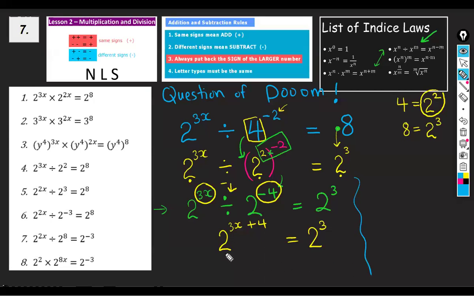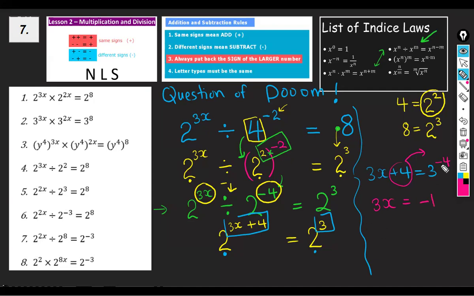You have to compare the powers now, because you have exactly 1, 2 on this side and exactly 1, 2 on that side. So equate the powers. 3x plus 4 is equal to 3. The positive 4, throw it across, you get minus 4. So you end up with 3x equals 3 minus 4, which is minus 1.